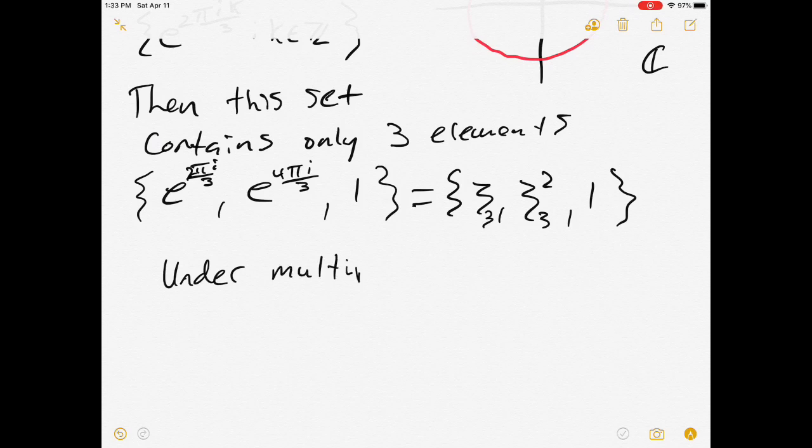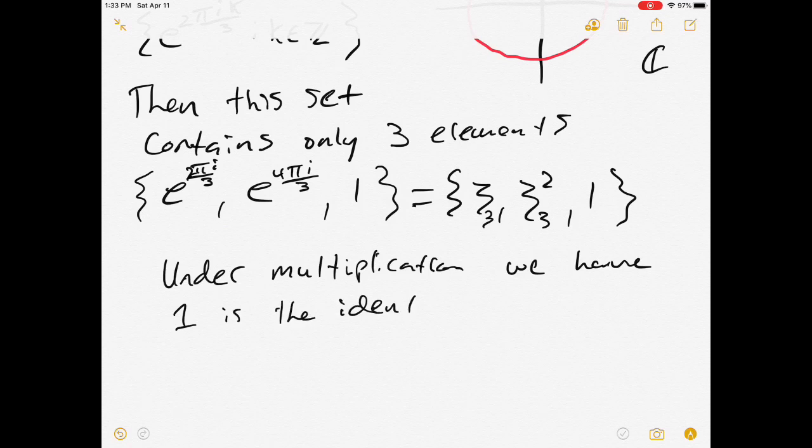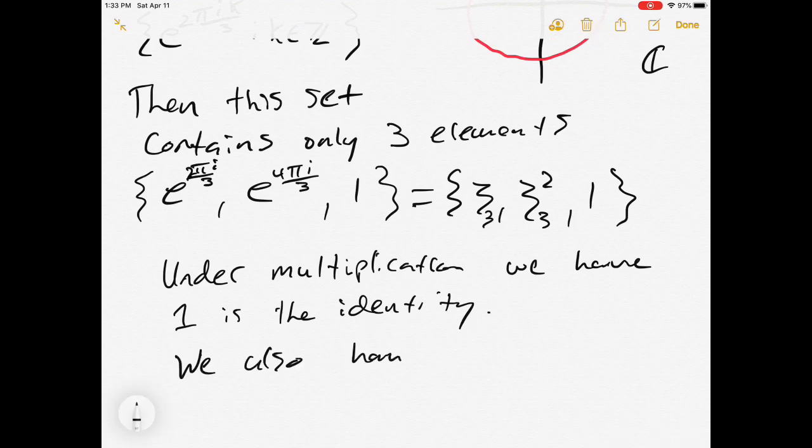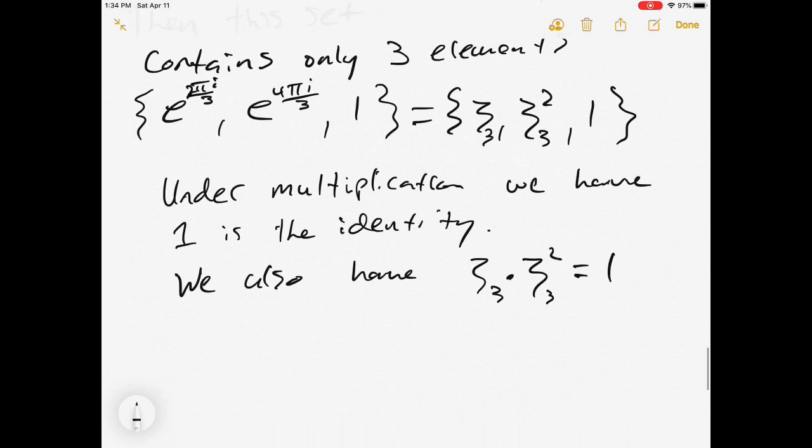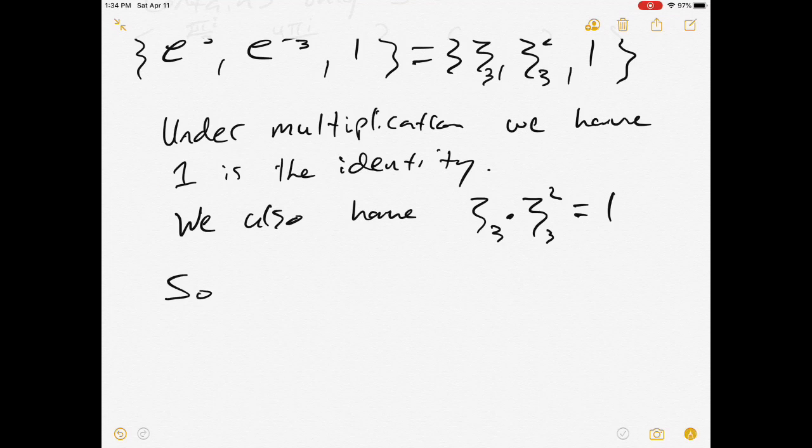Under multiplication, we have that 1 is the identity element. We also have that these two elements multiply to 1. So these two elements are inverses of each other.